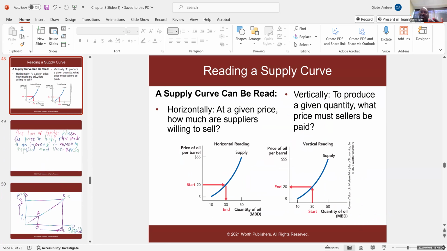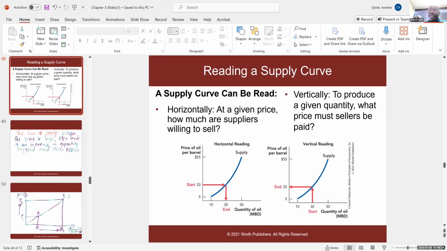See, so a supply curve can be read horizontally, just like we talked about the demand curve can be read horizontally and vertically. When you're reading it horizontally, you're reading quantity. When you're reading it vertically, you're reading price. So horizontally means at a given price, how much are suppliers willing to sell? For example, when the price is 20, that means suppliers are willing to supply 30 million barrels of oil per day.